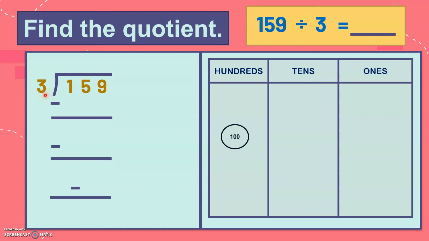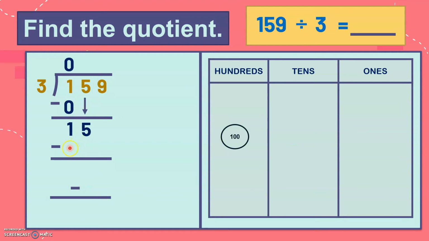Can we divide 1 hundred into 3? No. So the answer is 0. And then after we divide, we will multiply. 0 times 3 is equal to 0. Then after that, subtract. So 1 minus 0 is equal to 1. Then after we subtract, we will now proceed to bring down. We will bring down 5.